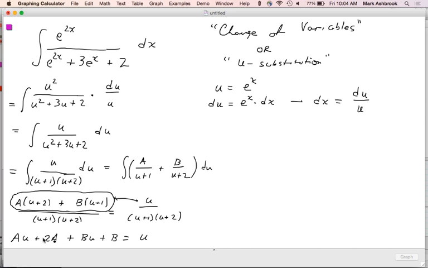And that gives us what? Coefficients of u are A plus B equals 1, 2A plus B equals 0. And so we got a system of equations.